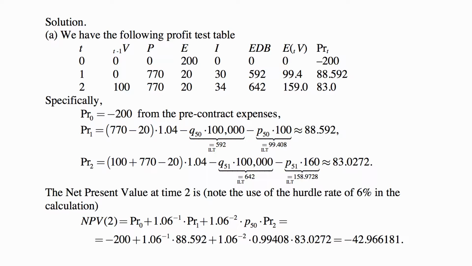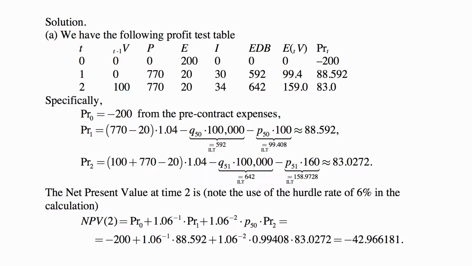reserves for the surviving policyholders. And whatever is left after that is the profit. So you see this calculation for the first year here. You have 0 reserve plus the premium of 720 minus expenses of 20, accumulated at 4%, minus, based on the illustrative life table, the cost of mortality payments of 592, and then also P50 is calculated based on the illustrative life table.